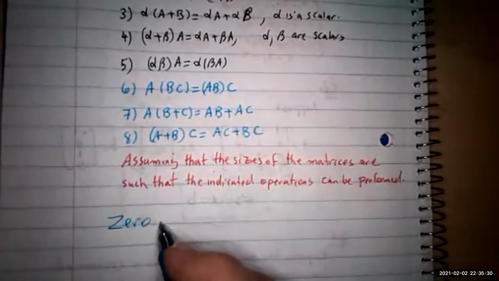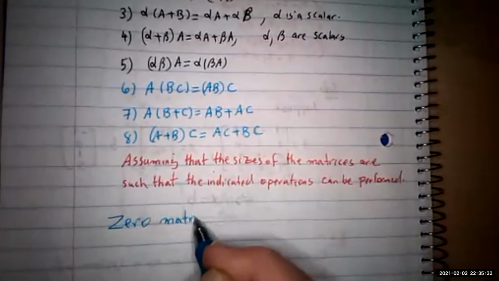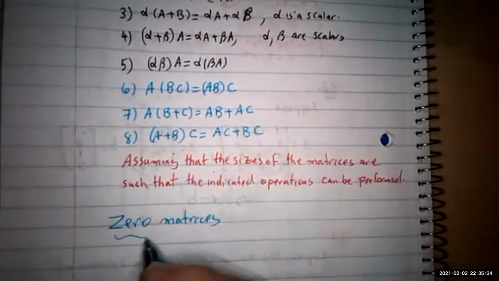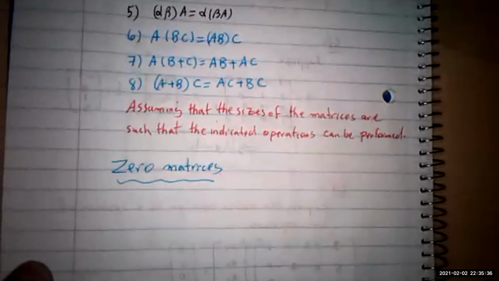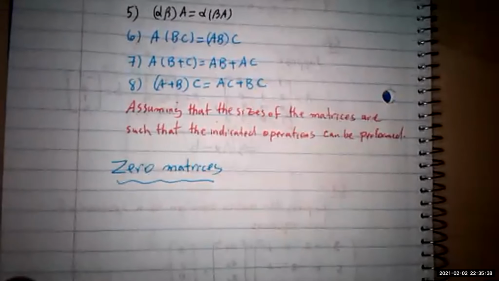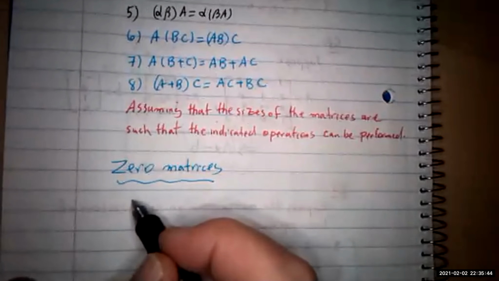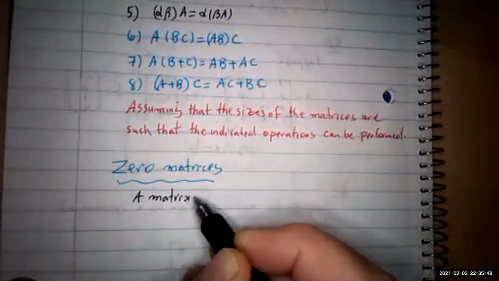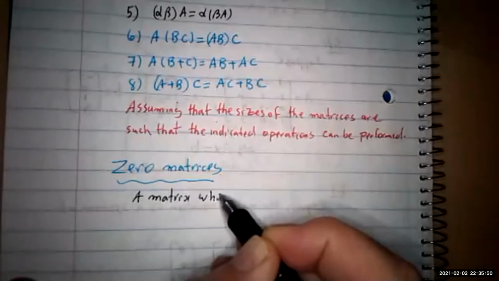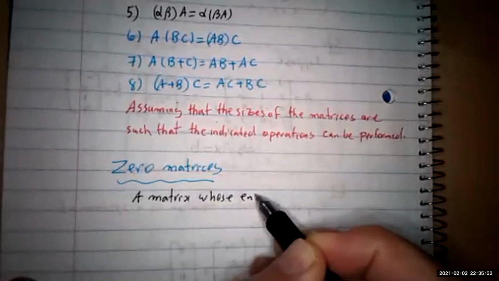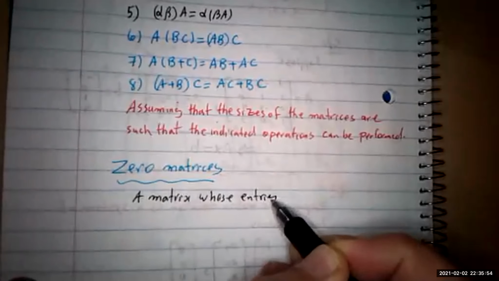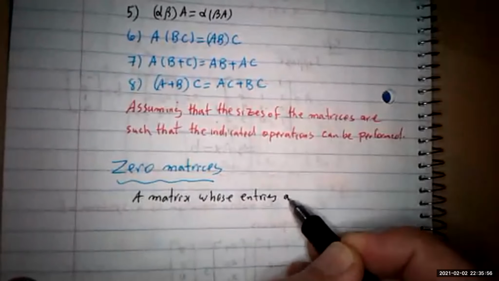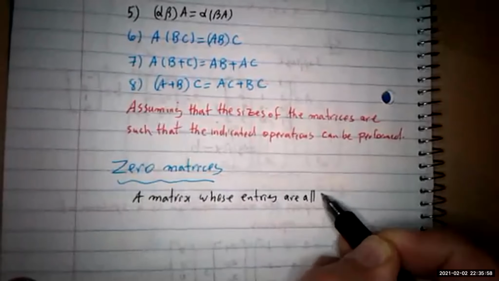The zero matrix is going to be a matrix whose entries are all zero.